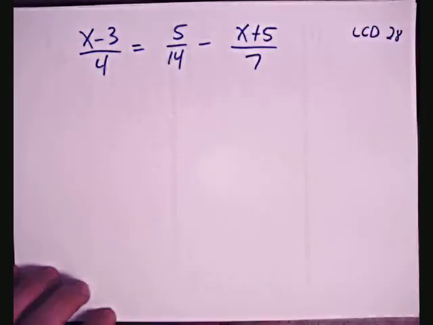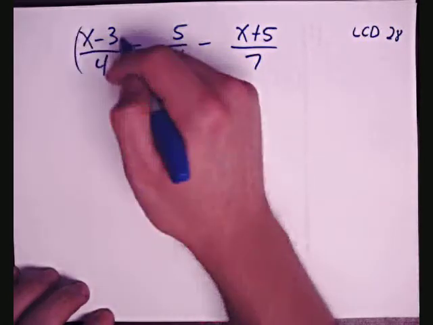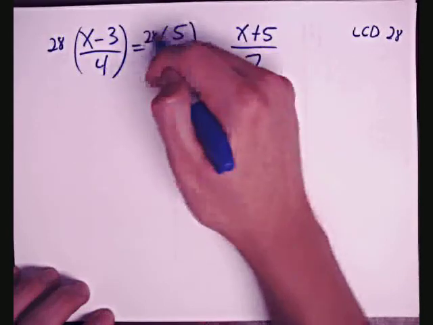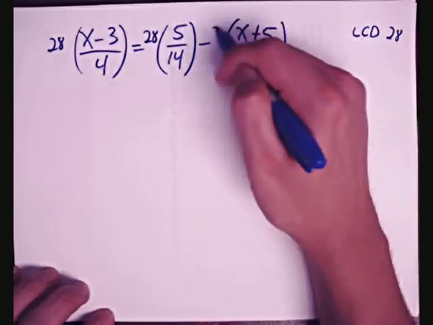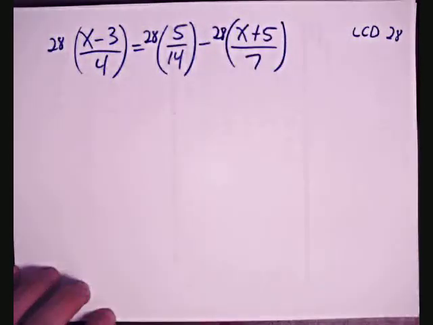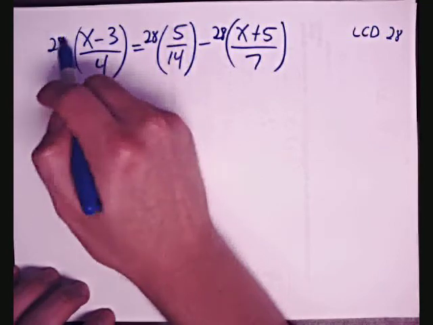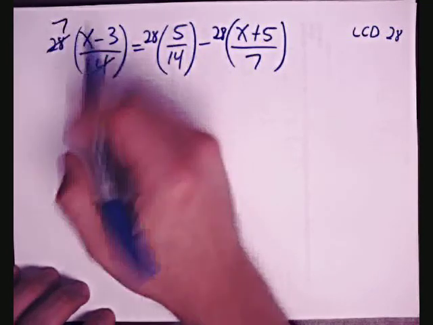So I want to go through and multiply both sides of my equation, which will equate to multiplying each term by 28. Okay, so when we do that, we want to go through each fraction one by one and simplify what we can. 28 divided by 4 is 7, so we're going to cross those out and leave a 7.